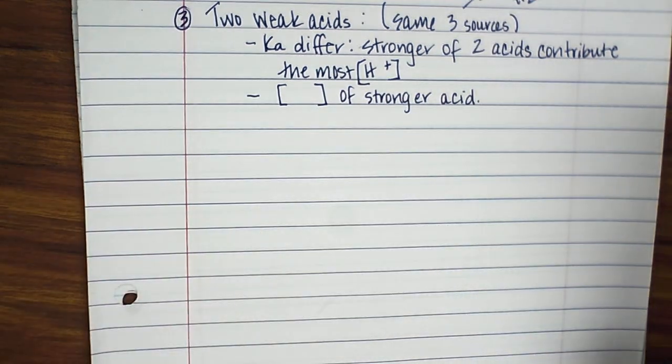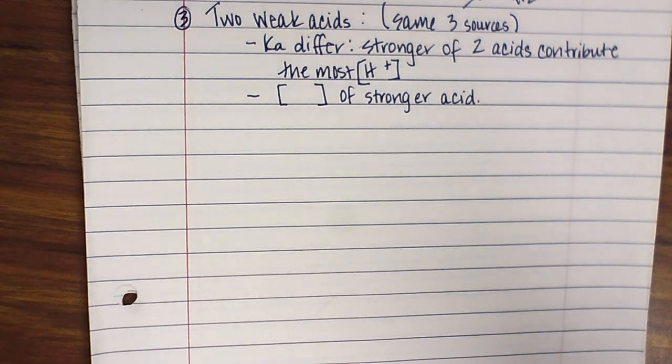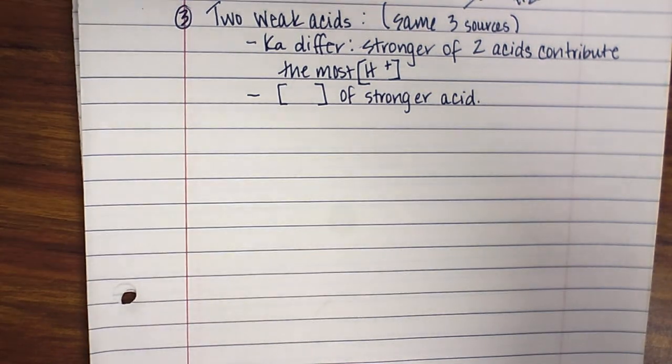Now, you've got to think about the relevance of the Kas. If the concentrations are similar and the Kas are similar, which chances are they aren't, they're going to add together, just like 2 strong acids. But they're not going to do that on a test because that's 2 problems. You don't have time for that, right?